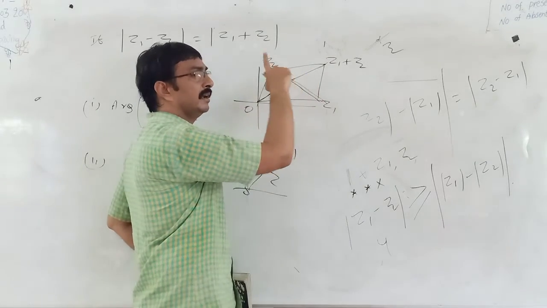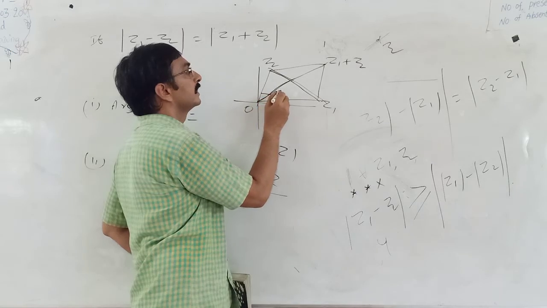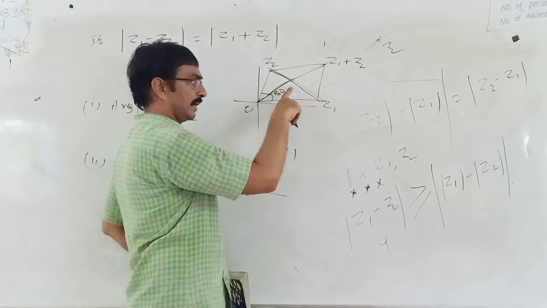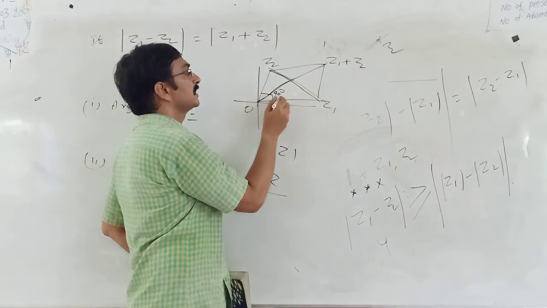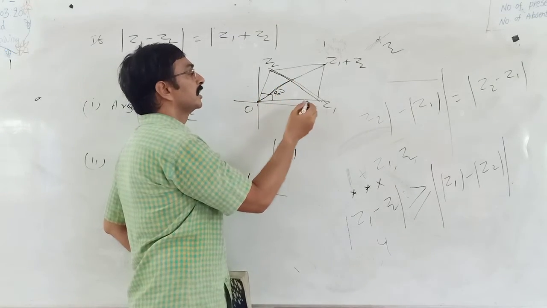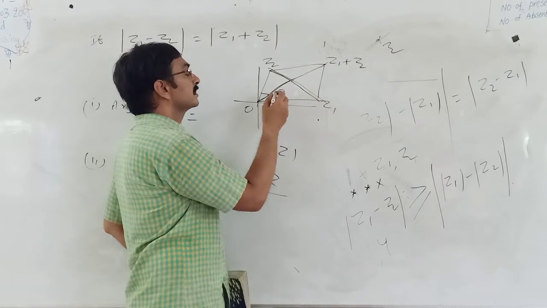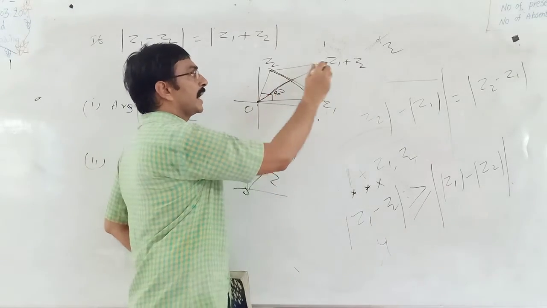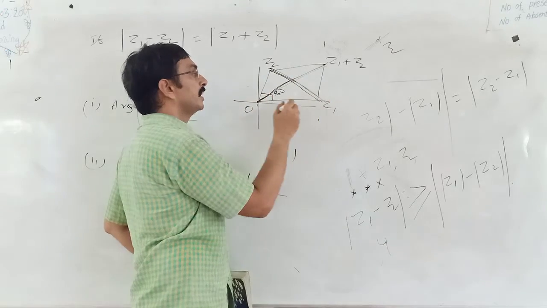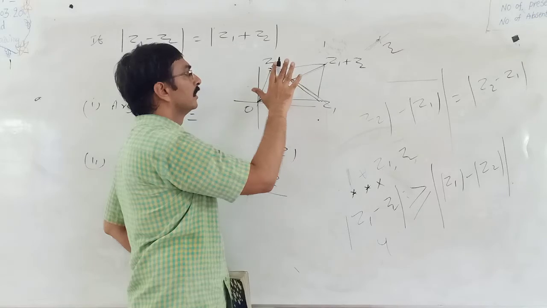In a rectangle or square, each angle is 90. So this angle is 90 degrees. This diagram is actually wrong because this angle is 90 but I am drawing just a rough diagram. Actually, the position of Z1 is in the fourth quadrant. So, in a parallelogram, diagonals equal means it is either a square or a rectangle.